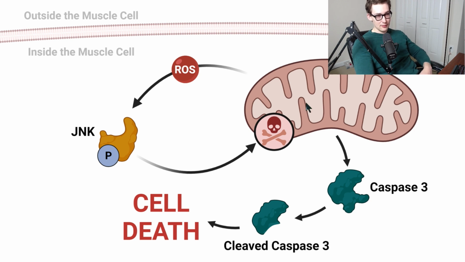So anyway, mitochondria end up dying, and then you get the cleavage of caspase 3. What does that mean? It means that the caspase 3 gets cut. The reason this matters is that it is in its inactive form when it's uncleaved, when it's in its total form. And then the cleaved caspase becomes activated. Now, what does caspase do?